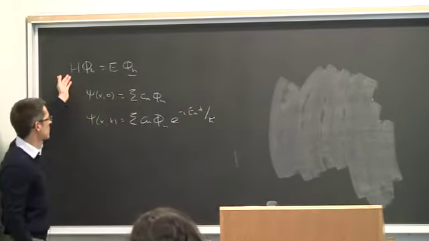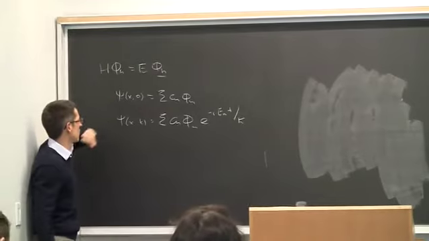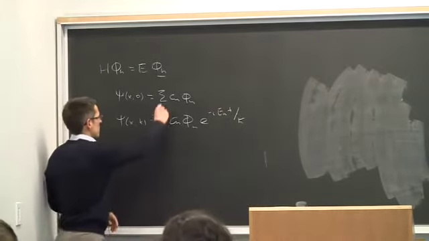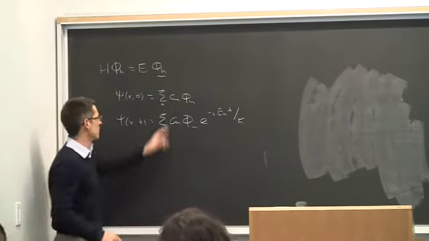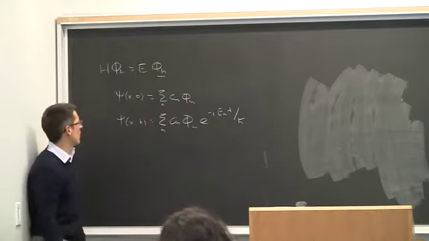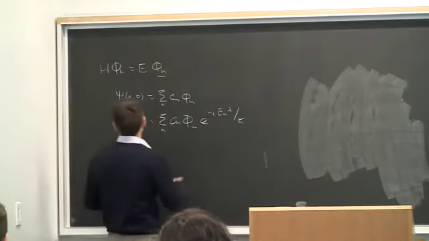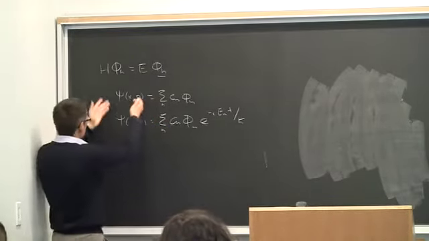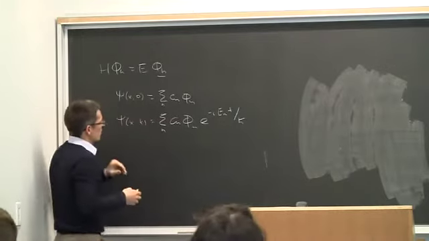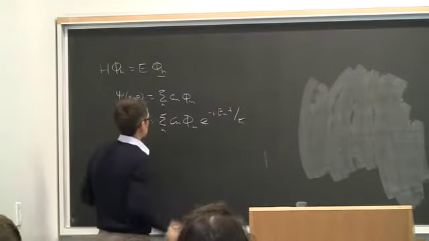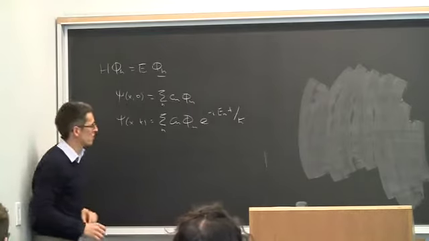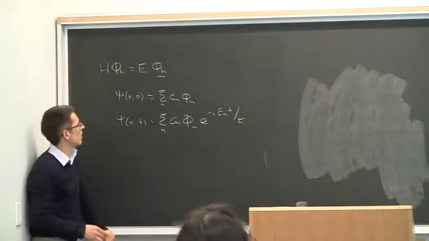So if you know these, and you're given some initial conditions, these coefficients, it doesn't really matter whether you are given the psi in the coordinate representation or psi in terms of this linear expansion, you still can do it.